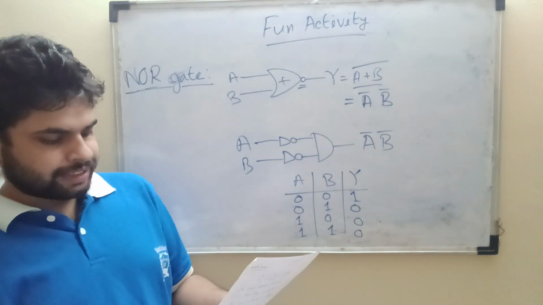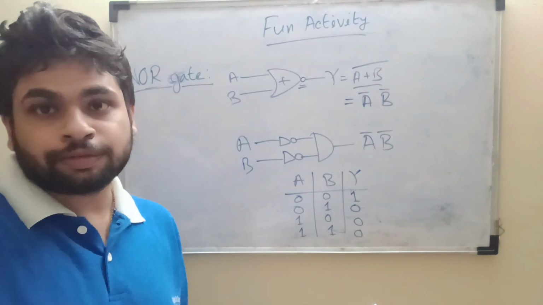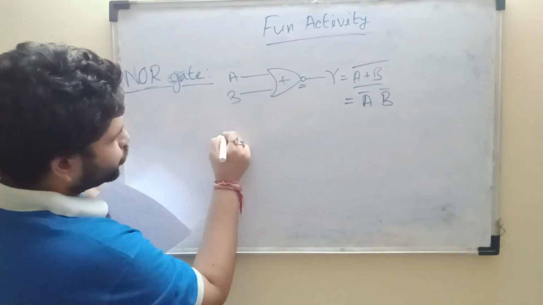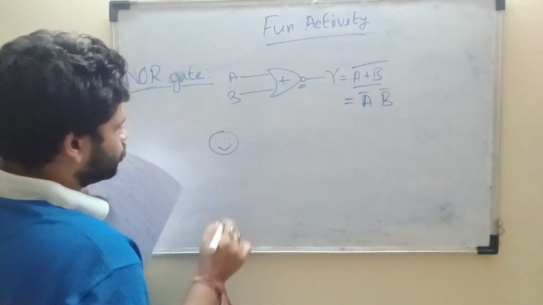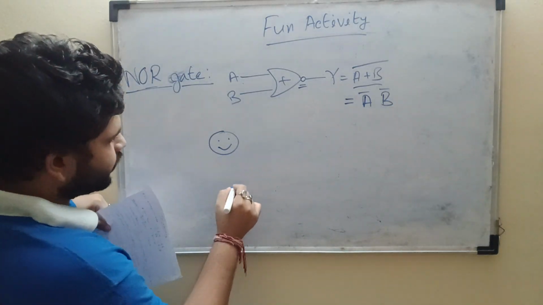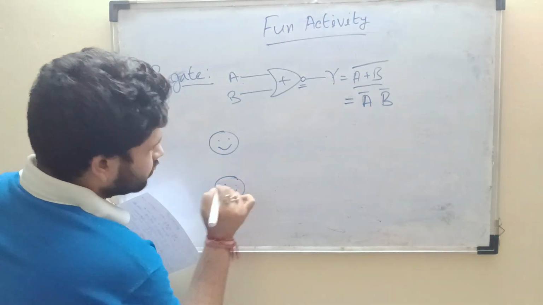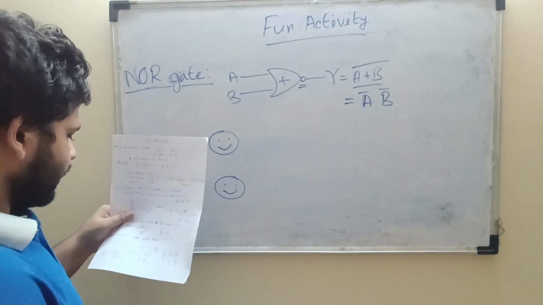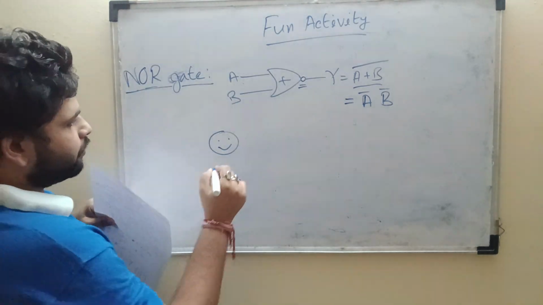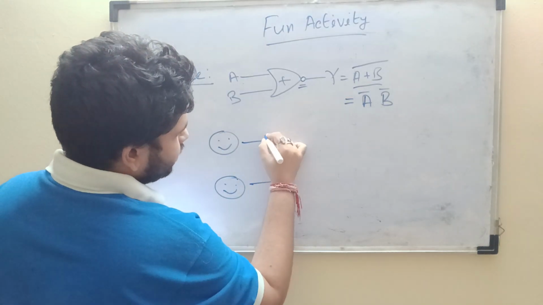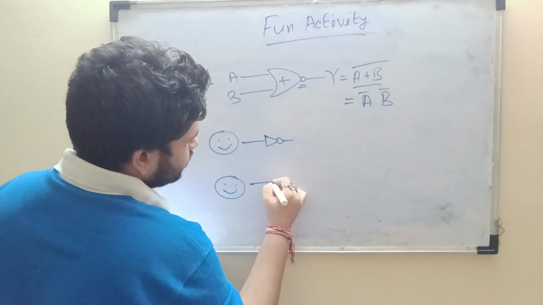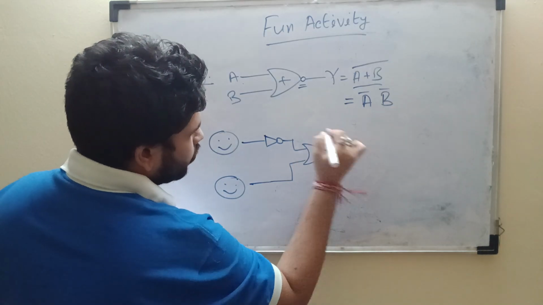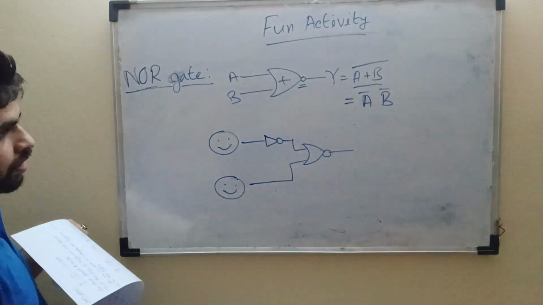Let's see one example of NOR gate with NOT gate. What happens? So let's introduce two people in a blind date, and see how they will be if a NOT gate is introduced here and then a NOR gate is introduced here.